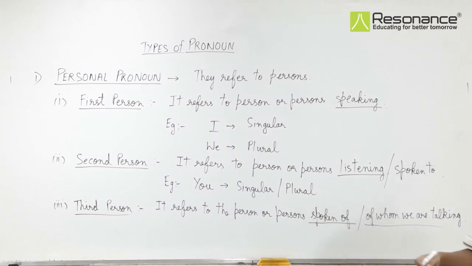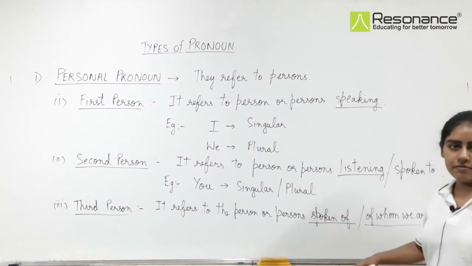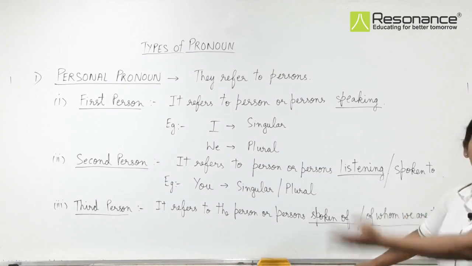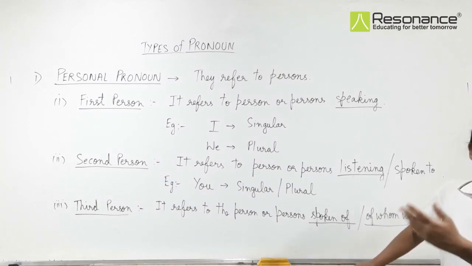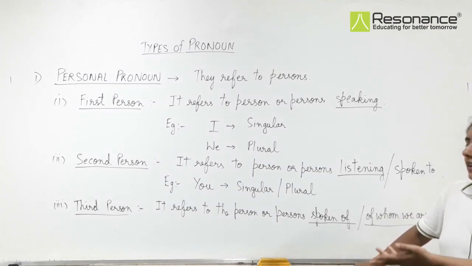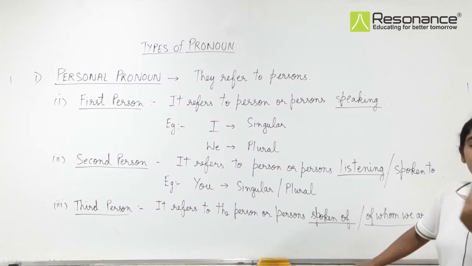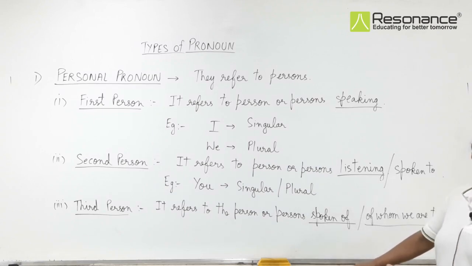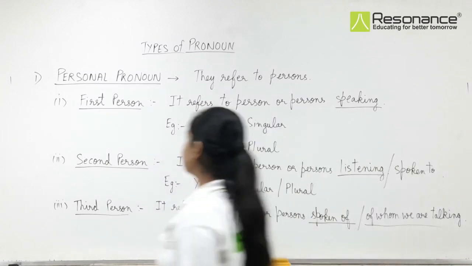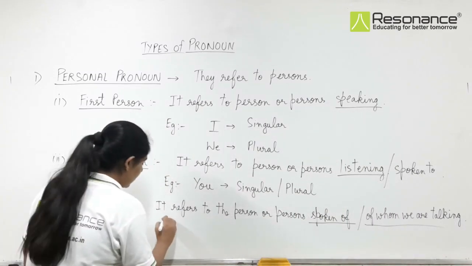Like I and you, that means we are talking about someone else. For example, we are talking about Prime Minister Narendra Modi. Who is Narendra Modi here? Third person. What is first person? I. Who is second person? You. And third person is the person of whom we are talking, that is Narendra Modi. I hope you have understood all three cases of personal pronouns. Let me tell you the examples.